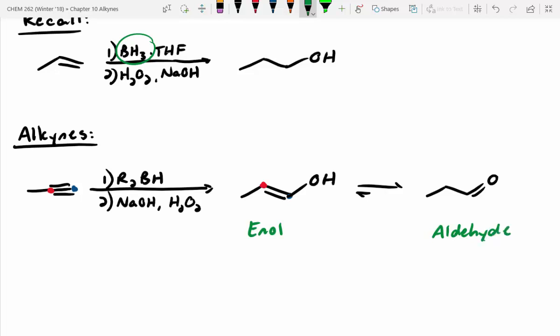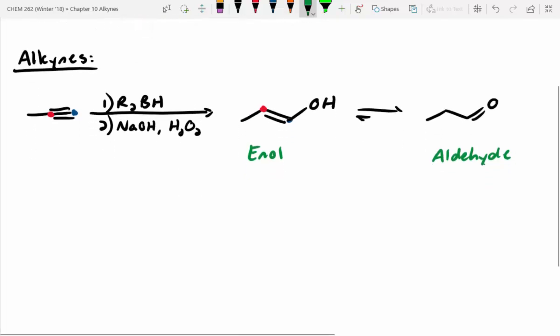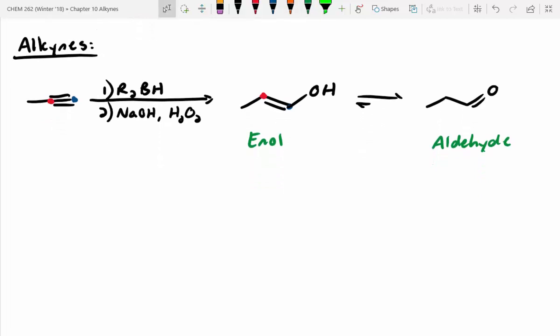So essentially with the alkyne method, you don't go to the alcohol, you instead tautomerize all the way to the aldehyde, at least for terminal alkynes where you have a proton coming off the very end. So we're going to do that tautomerization mechanism in a second, but I did want to introduce you guys to the reagents that are used. I just had a generic R2BH.